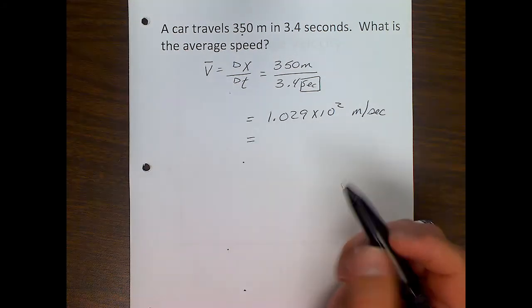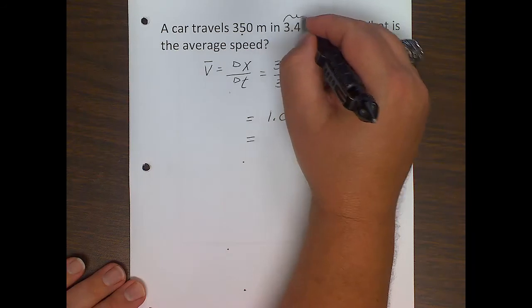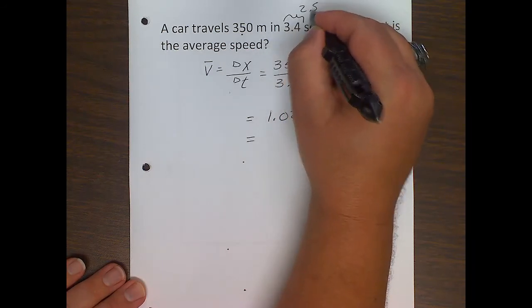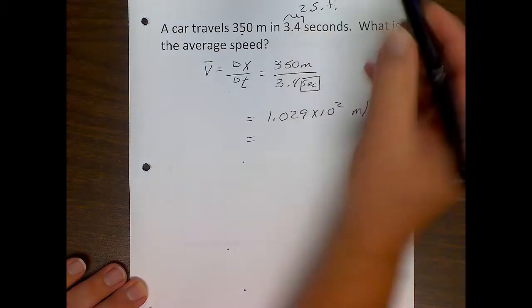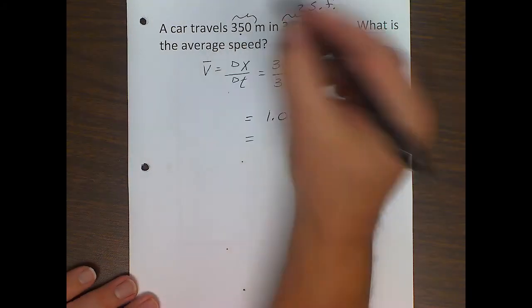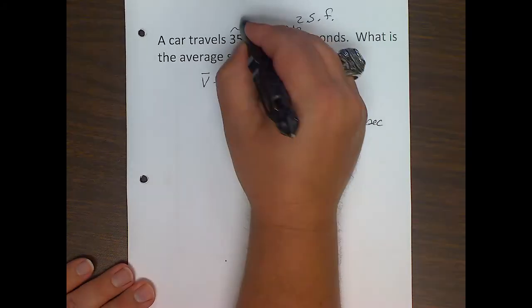Let's look at significant digits. Well, this is 2 significant figures, or significant digits. This is also just 2.